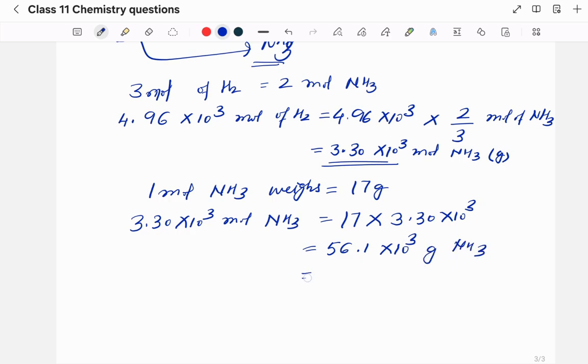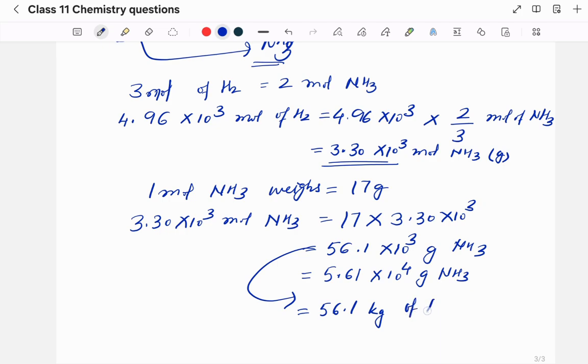We can convert it into scientific notation, which is 5.61 into 10 to the power 4 grams of ammonia. Or we can also convert this into kilograms, which is 56.1 kilogram of ammonia produced.